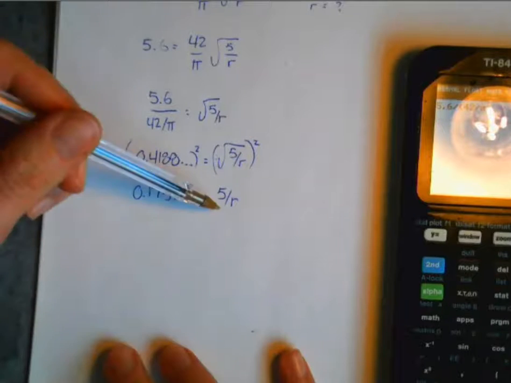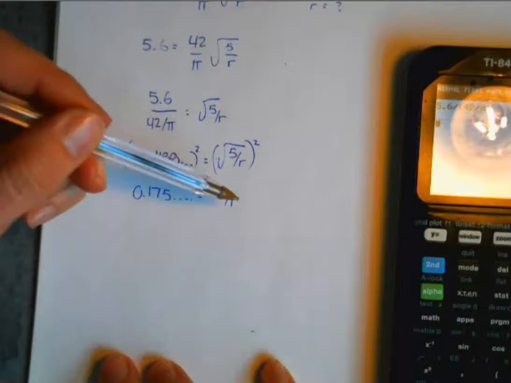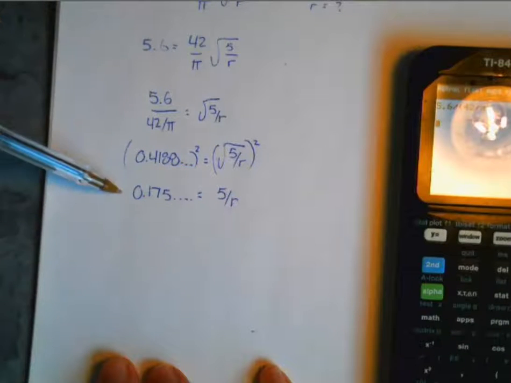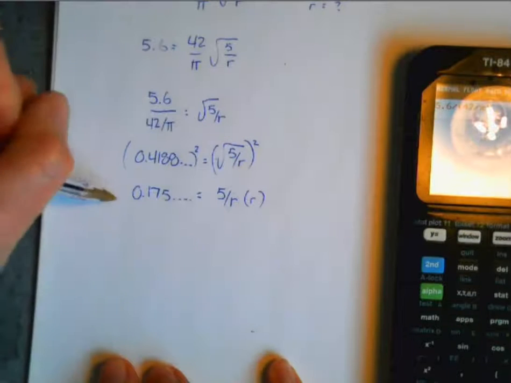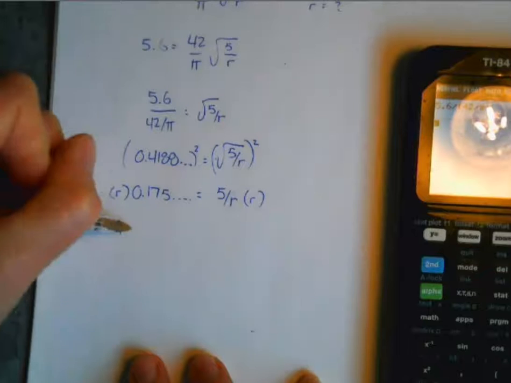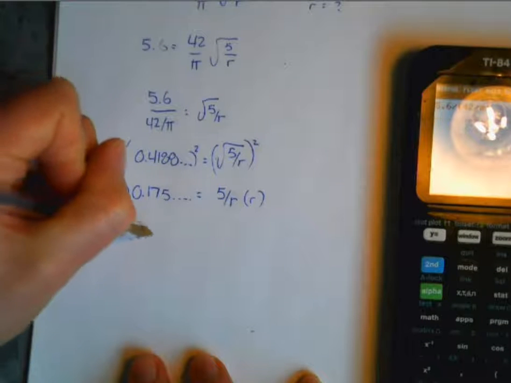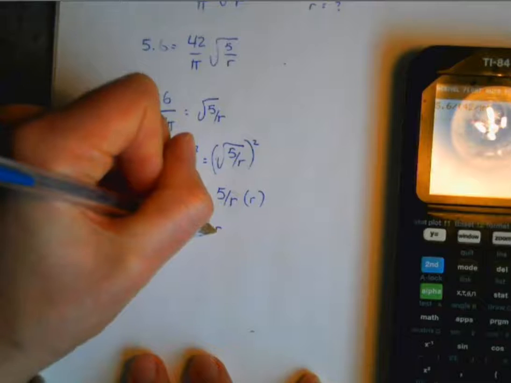Okay, so now we need to move this r away because we can't have a fraction here. So to move it away, we need to multiply both sides by r. So we end up with r times 0.175 is equal to 5.